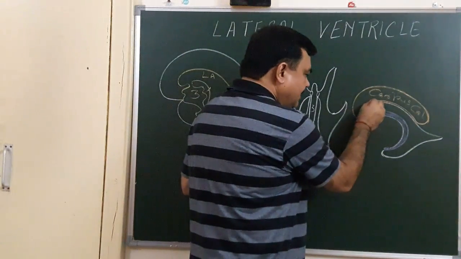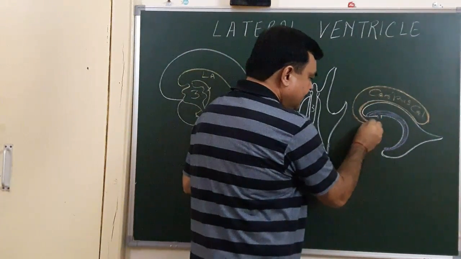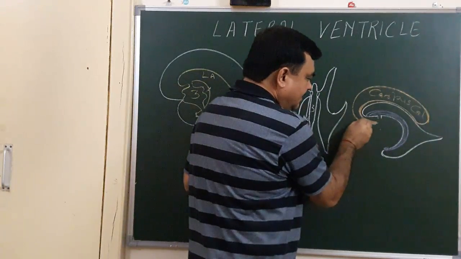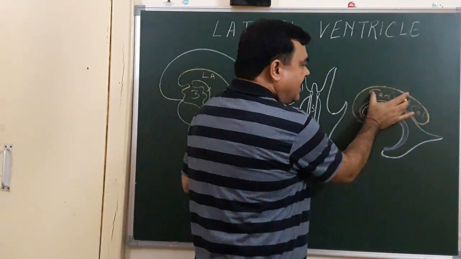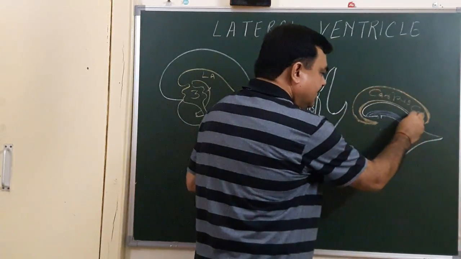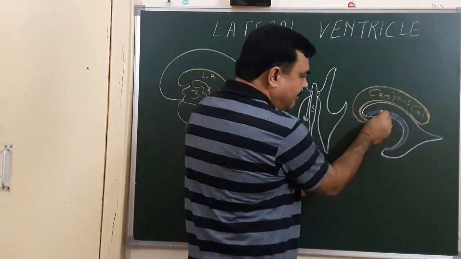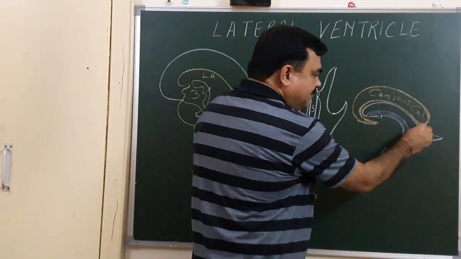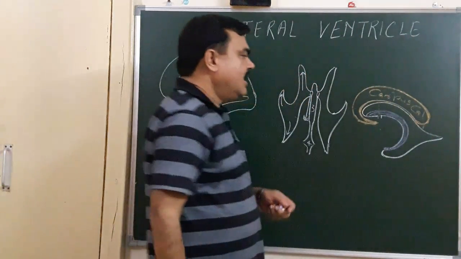So the corpus callosum has this genu, this is the rostrum, this part is the body, and this posterior part is the splenium. So it extends from the interventricular foramen to the splenium of the corpus callosum.